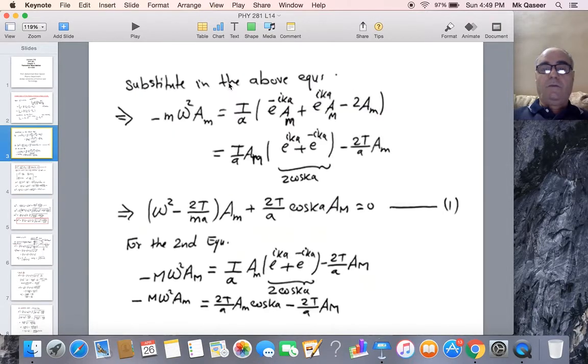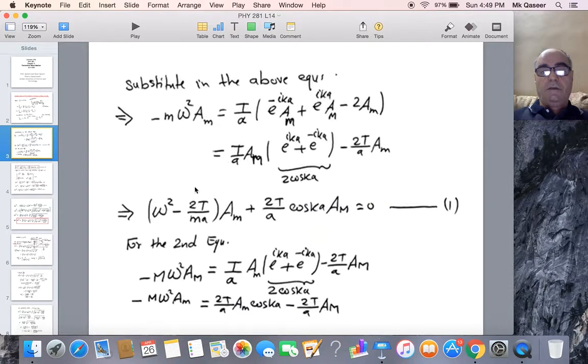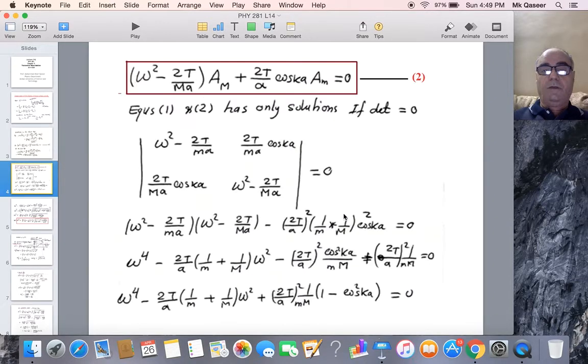Now we have two homogeneous equations. In order to solve them, the determinant must be 0. The determinant is given by this expression: omega square minus 2t over am is this part, and this is the second part. Note here A sub m is the amplitude of the small mass, and A sub M capital is the amplitude of the capital mass.